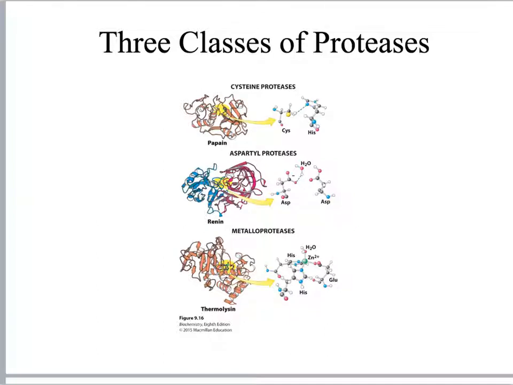Not all proteases utilize activated serine residues. There are three alternatives to serine proteases that have been discovered, shown here: cysteine proteases, aspartyl proteases, and metalloproteases. These tend to generate nucleophiles that attack the peptide carbonyl group, functioning in a similar way, except we're not using that serine residue. A different residue is going to be important.